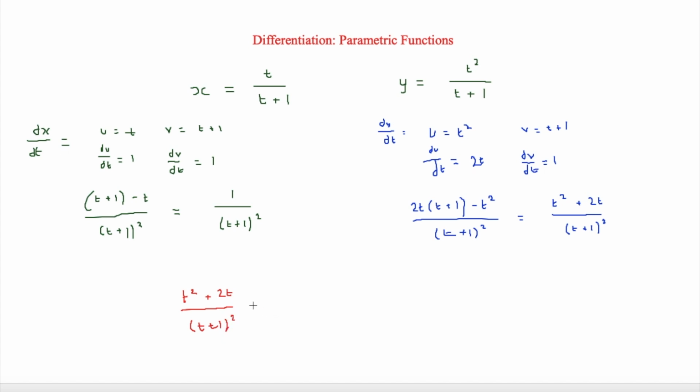Then that is going to be times by dt over dx. Now that just means we flip this around. That's just going to be t plus 1 squared. Hopefully you notice now that these two are just going to cancel, which means that we are left with our final answer, t squared plus 2t.